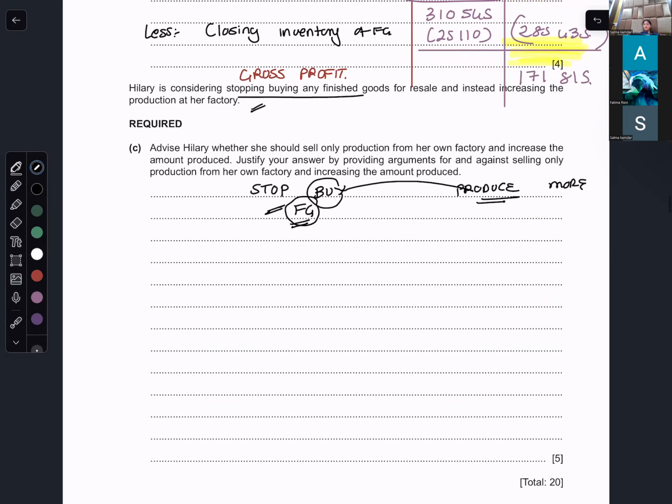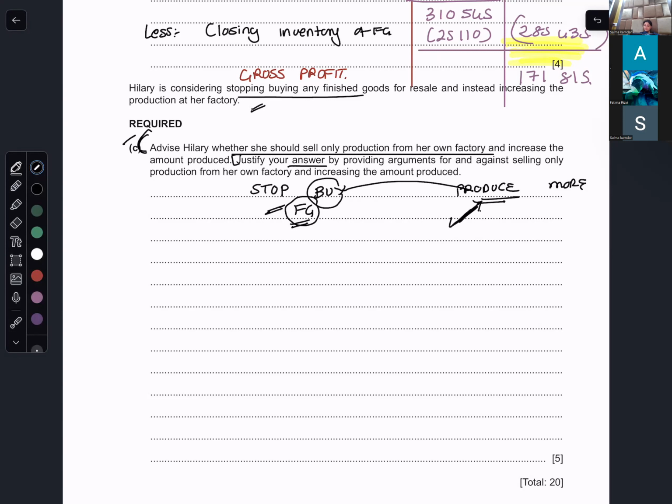What do they want from us? Fatima, read. Justify your answer by providing arguments for and against. What is the advice they are looking for? Whether she should sell only production from her factory or increase the amount produced. So they want us to advise whether she should sell only the produced goods and increase amount produced.